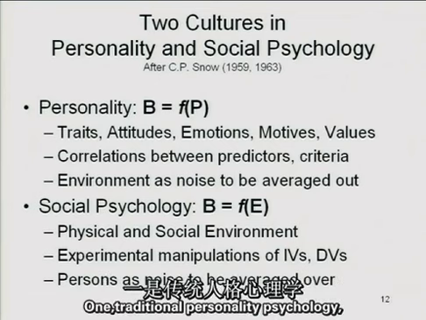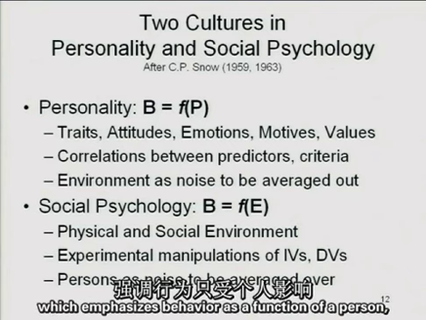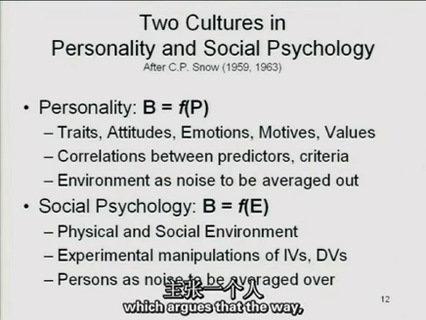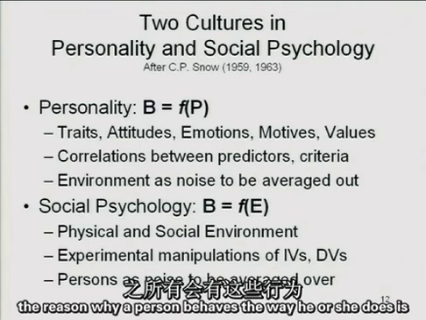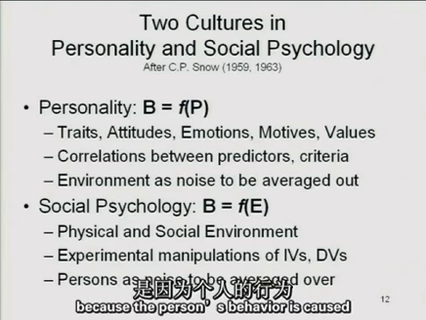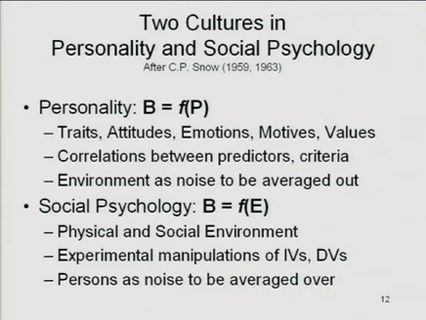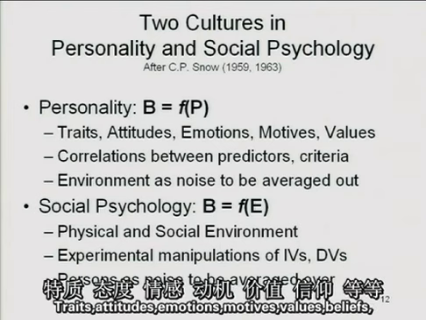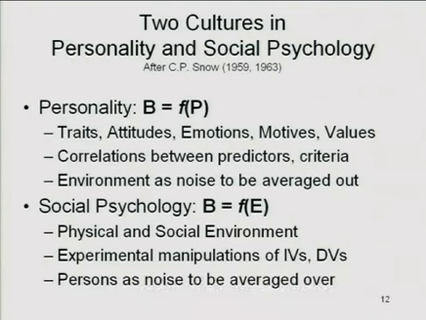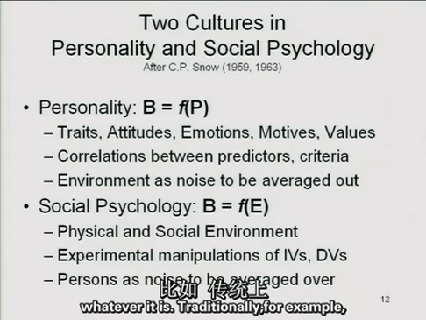One, traditional personality psychology, which emphasizes behavior as a function of the person, which argues that the reason why a person behaves the way he or she does is because the person's behavior is caused by certain internal states and dispositions: traits, attitudes, emotions, motives, values, beliefs, whatever it is.